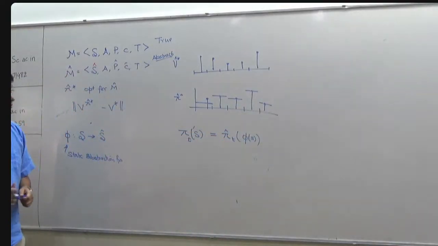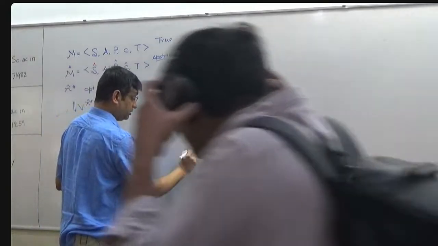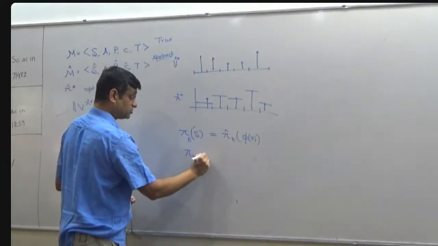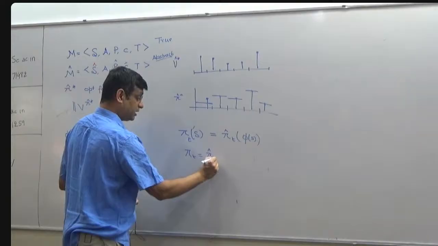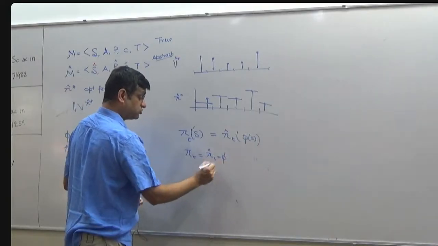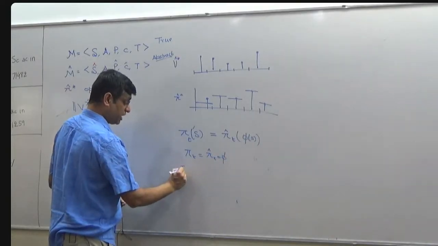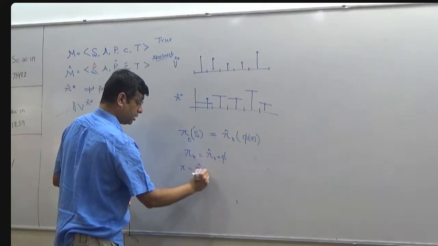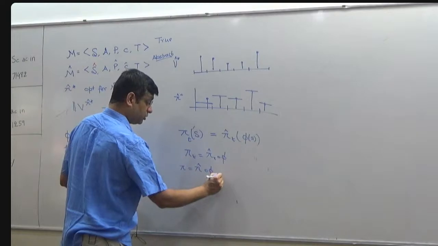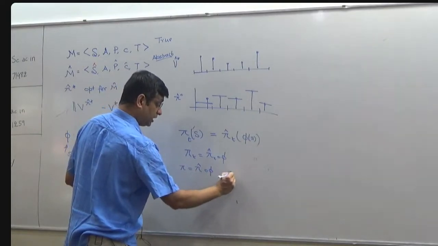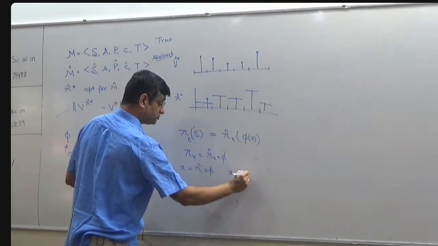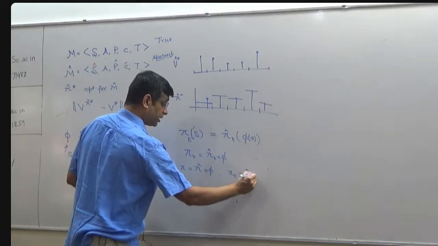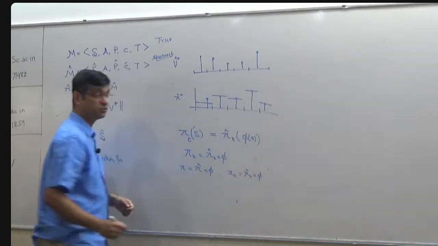For ease of notation, I am going to write this as pi hat t composed with phi, and in general I will write pi equal to pi hat composed with phi, to mean that any component of this policy is the corresponding component of the hat policy composed with phi.